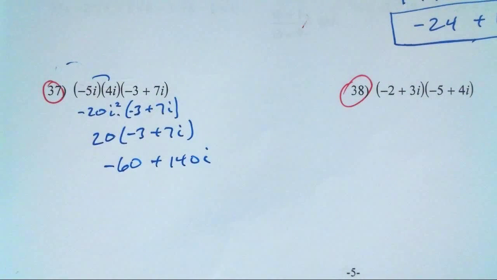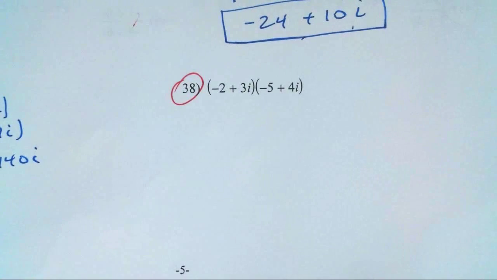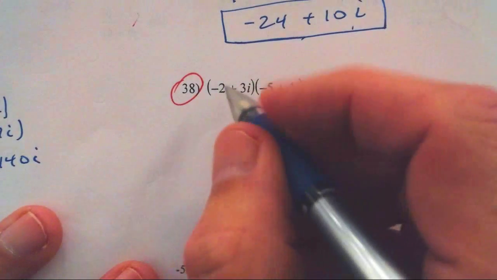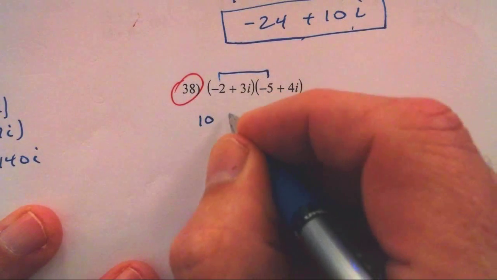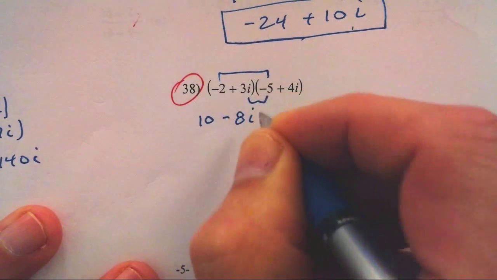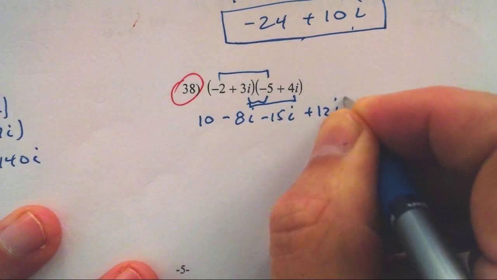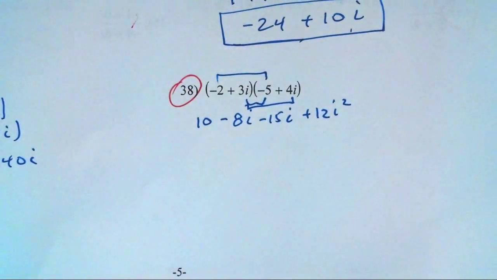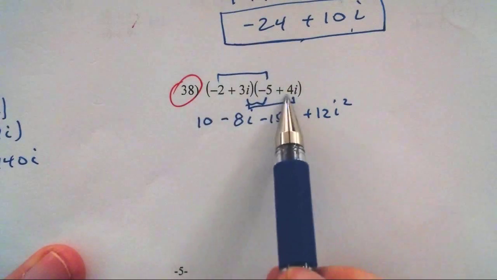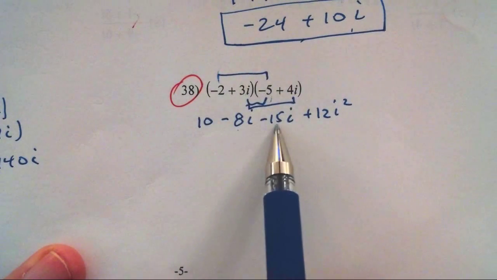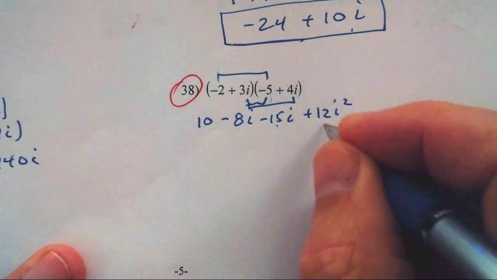I'll give you a quick head start on 38, FOIL. So first, 10, outside, negative 8i, inside, negative 15i, last, positive 12i squared.